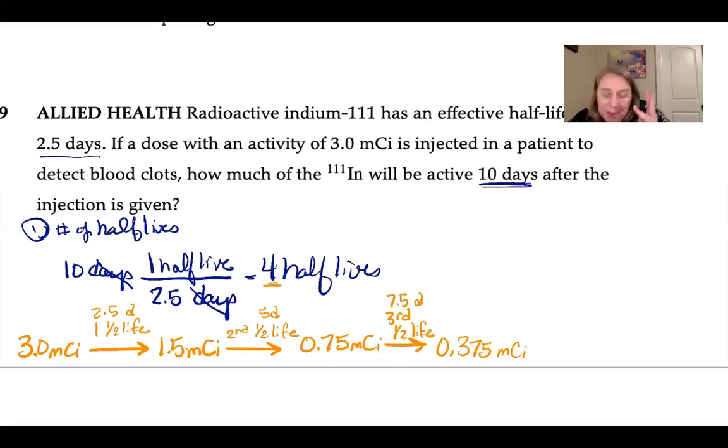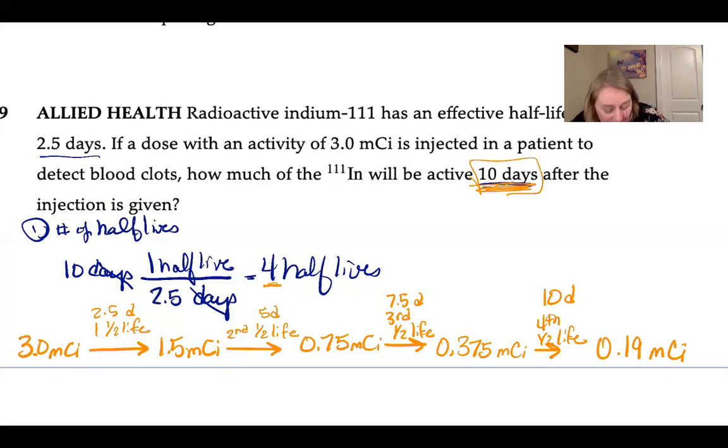But I've only done 3 half-lives, so I need 1 more. So this is our 4th half-life. After our 4th half-life, we've gone 10 days. That's what we were looking for, our 10 days. And so 0.375 divided by 2, we get 0.19 millicuries. You can do that. That's fine.